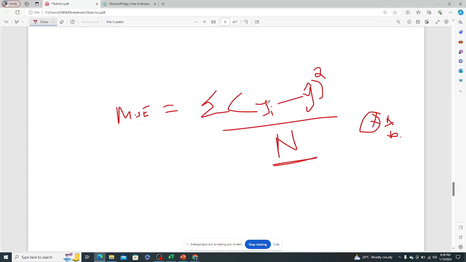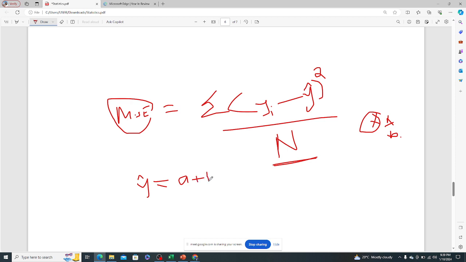So basically, this is the formula for mean squared error. We know that y-hat is the same as putting all your values in a model to predict.